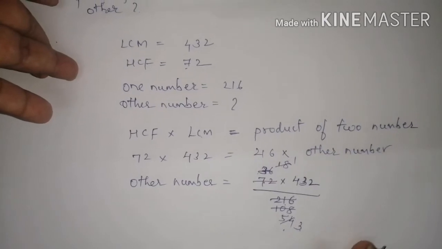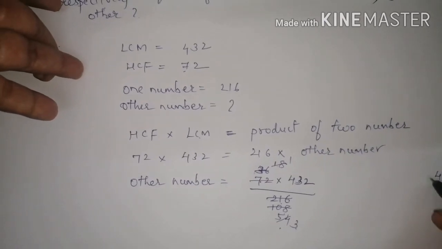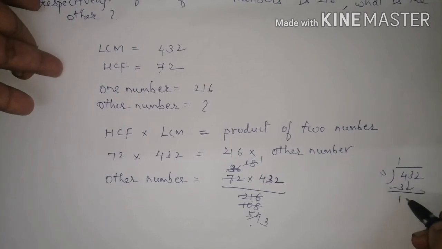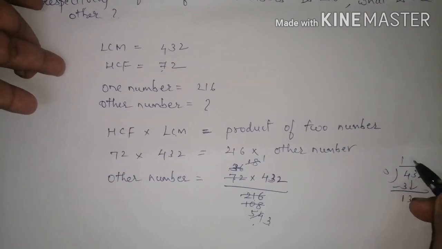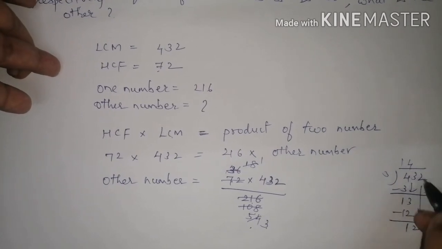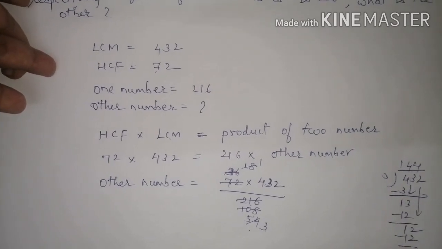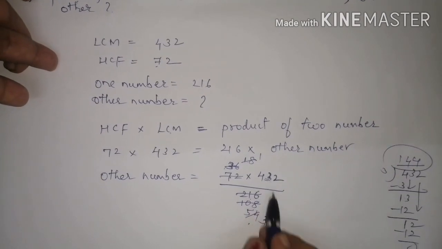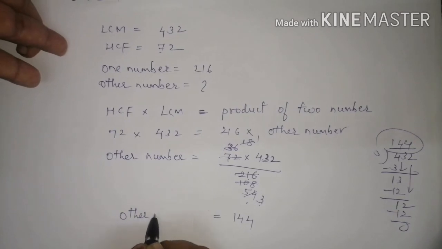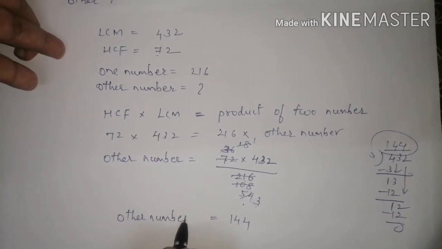Now 432, if you divide by 3: 3 ones are 3, 4 minus 3 is 1. Take this 3 down. 3 fours are 12. Take this 2 down. 3 fours are 12. So we got 432. If we divide by 3, we got 144. So the other number is 144.